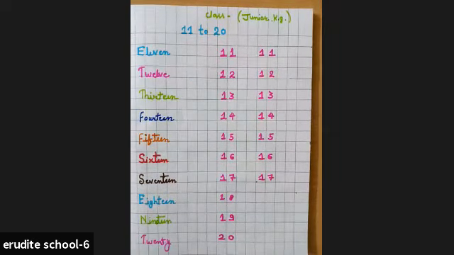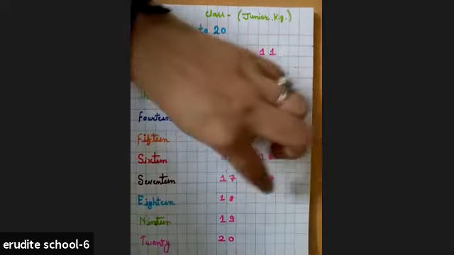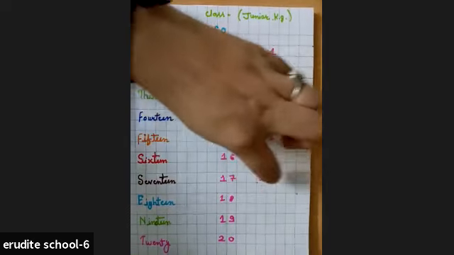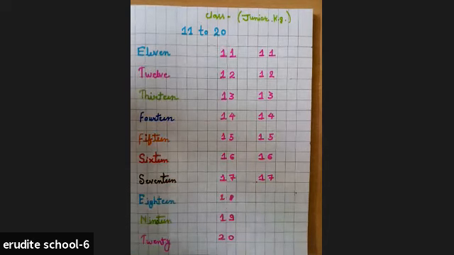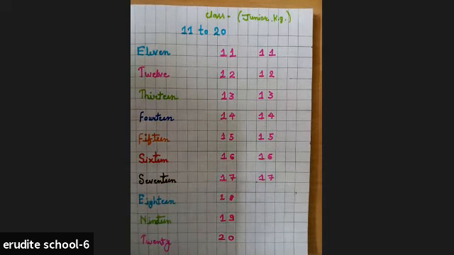Everyone has to speak with me. S E V E N T E E N. 17. 1 7 17. Okay, everyone? Okay, beta? Devanshi? Beta, are we ready?